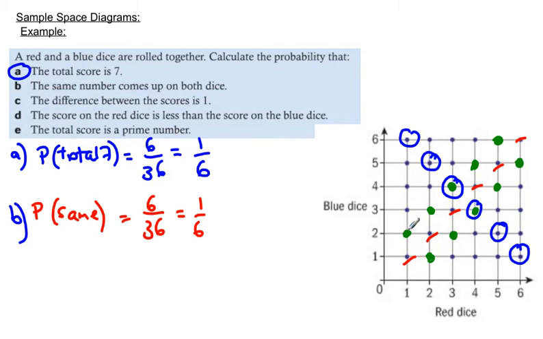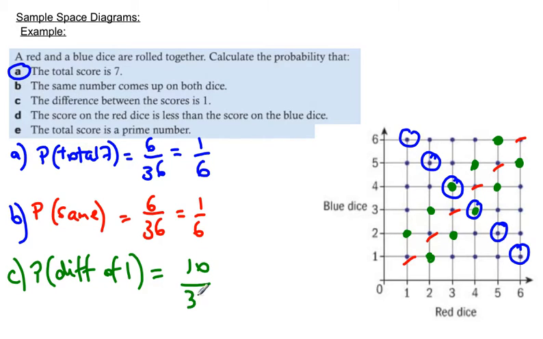Okay, and if we count them, there are 10. So probability of difference of 1 is 10 out of 36, which we can also simplify to 5 over 18.